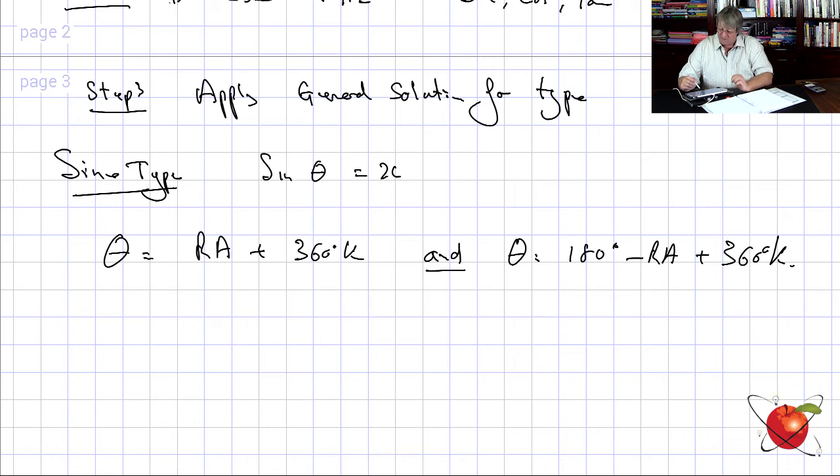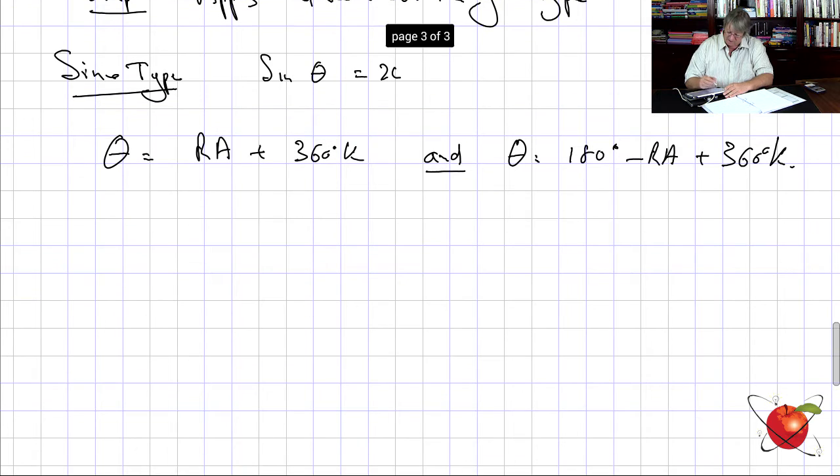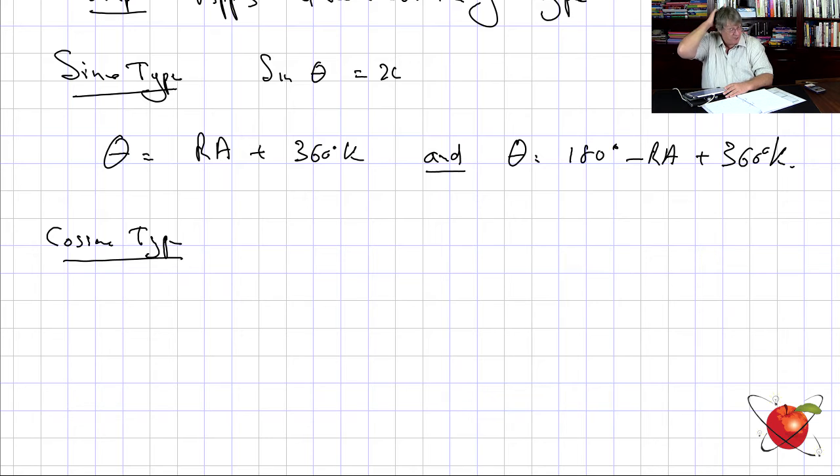All right? That's if it's a sine type. Now you have to know these. You can't not know them. Now if it's a cosine type equation, this is the type of equation.